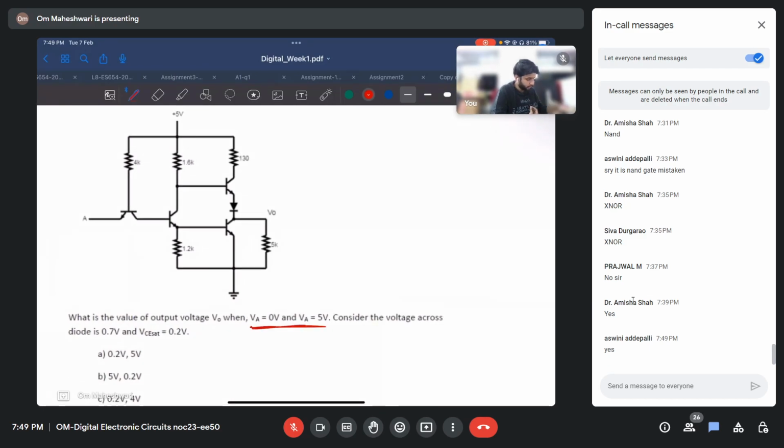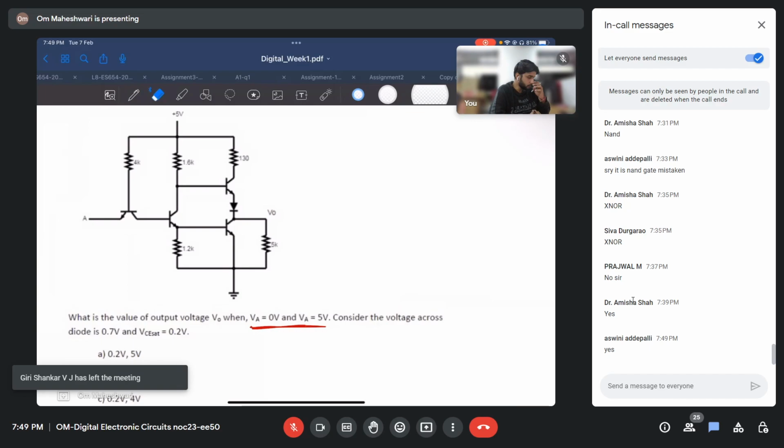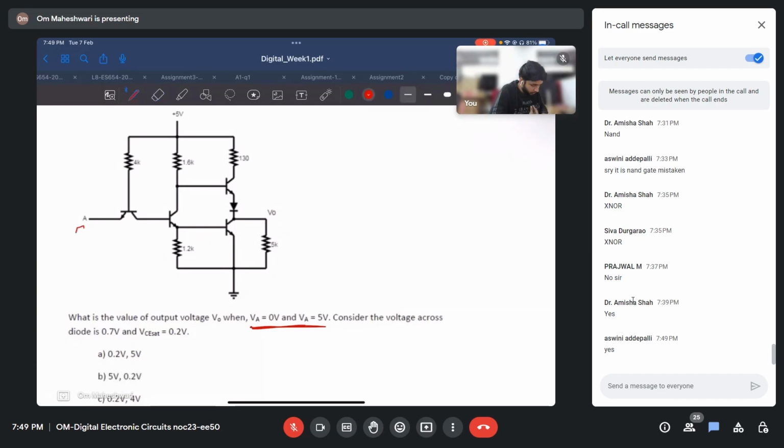It says when VA is 0 and VA equal to 5, what is the voltage at the output? When we have 5 volt as the input, VB will actually not be 5, it will be less than 5 only, right?